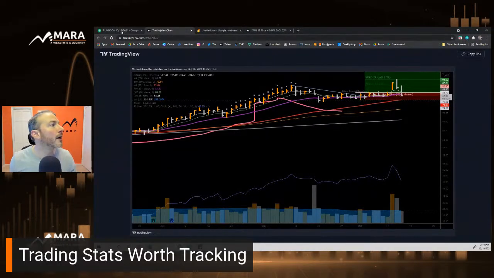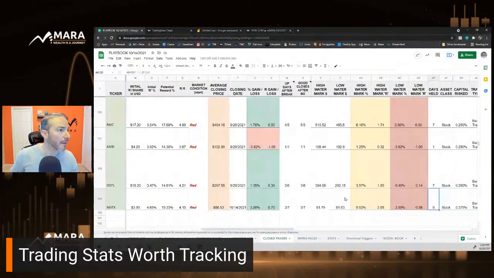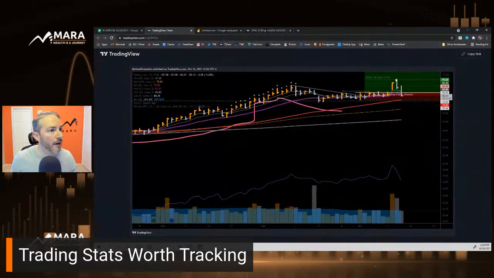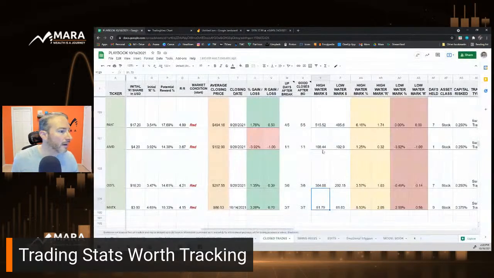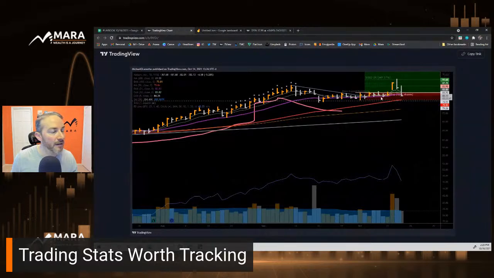So when I come over to this and I am logging all this stuff, the high watermark on the trade is $91.79 up here. That's the high watermark. Then the low watermark was $81.63, so that is down here.